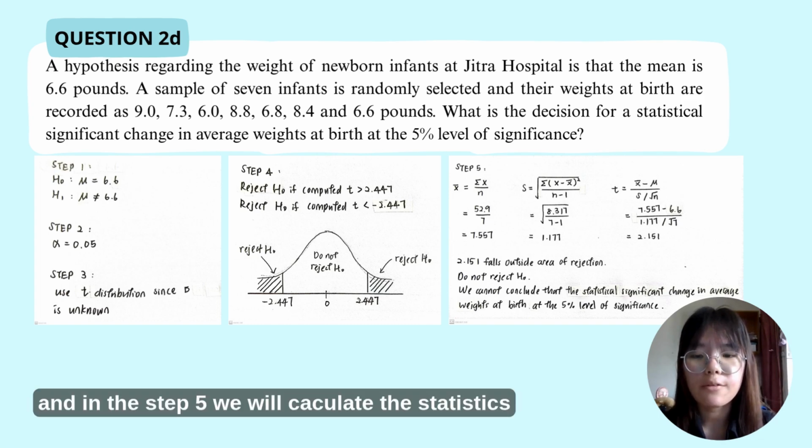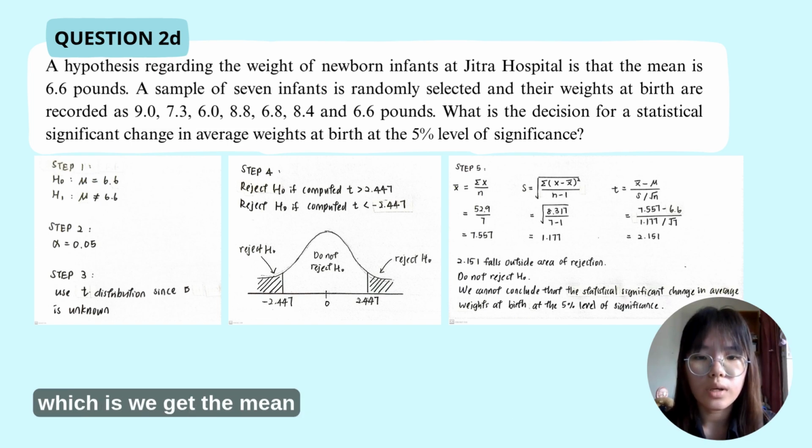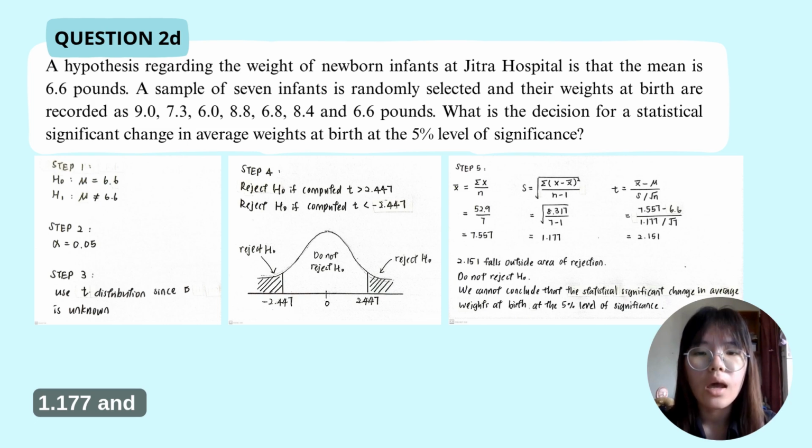In step 5, we will calculate the statistics, where we get the mean equals 7.557 and the standard deviation equals 1.177. Next, we compute the t statistic using the mean and standard deviation, and we get t equals 2.151.